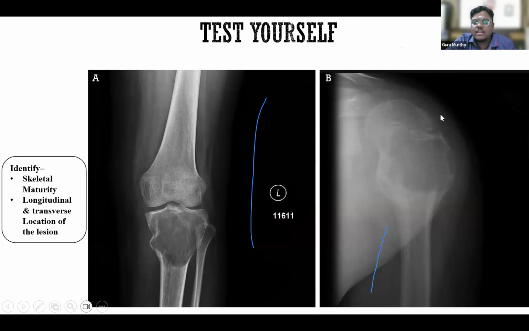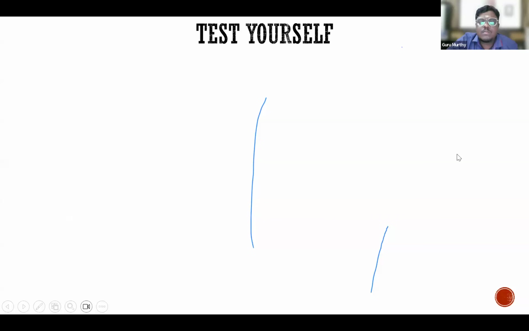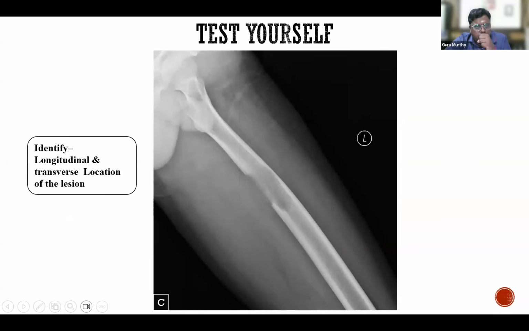Coming to this side, this is a frontal radiograph of the shoulder of a skeletally immature patient. The growth plate is not fused and the lesion is in the metaphysis. Similarly, we will see the third example. This is a lateral X-ray of the thigh and the longitudinal and transverse location has to be commented.